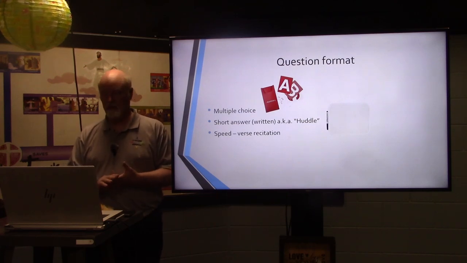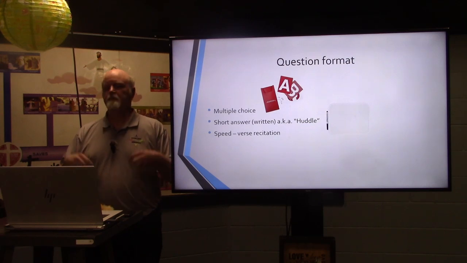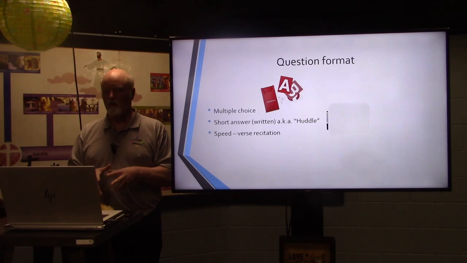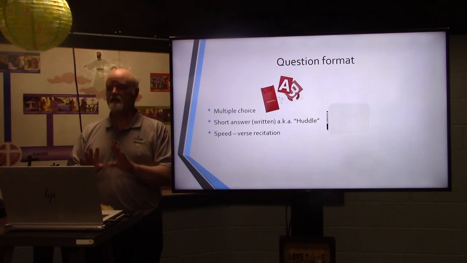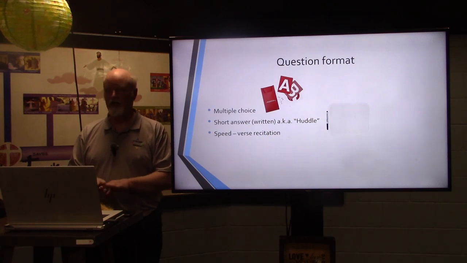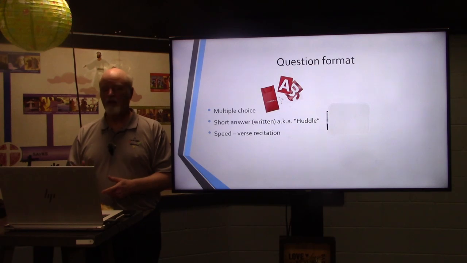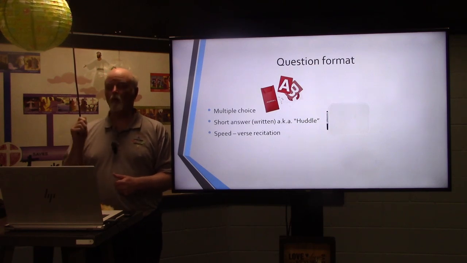C, Adam and Eve. Then we'll give them a few seconds to think about it. We'll say, select your answer. That is not the time to put up the paddle yet. That's the time to decide what answer they want. And then, paddles up. That's when they will put up one of the paddles.